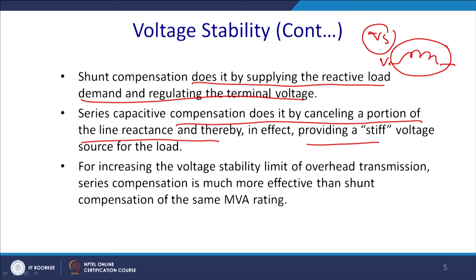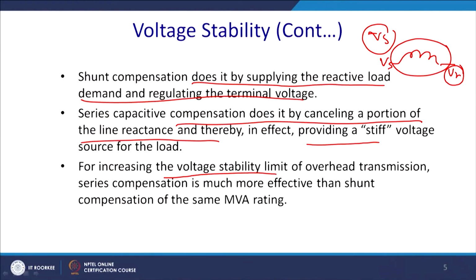So, Vs will be more firmly connected to the receiving end voltage. For increasing the voltage stability limit of an overhead transmission line, series compensation is much more effective than shunt compensation for the same power rating or MVA rating.